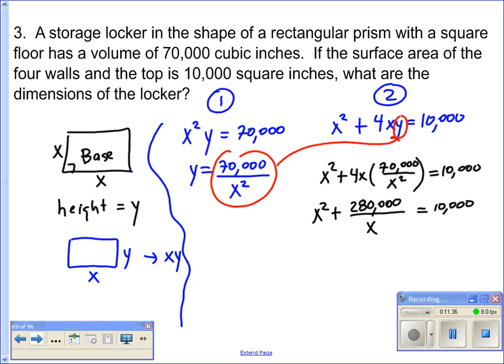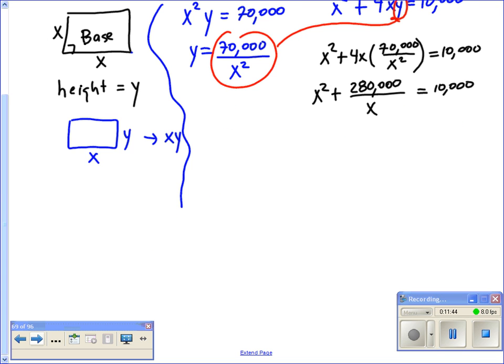Okay, and now that I am at this step here, I need to think about, like I did in one of the previous problems, how to eliminate that x in the denominator. That sort of throws things off. So what I'm going to do is like I did last time, knowing x is not going to be 0, I'm going to multiply through by x. And when I do, that's going to give me x cubed plus 28,000 is equal to 10,000x.